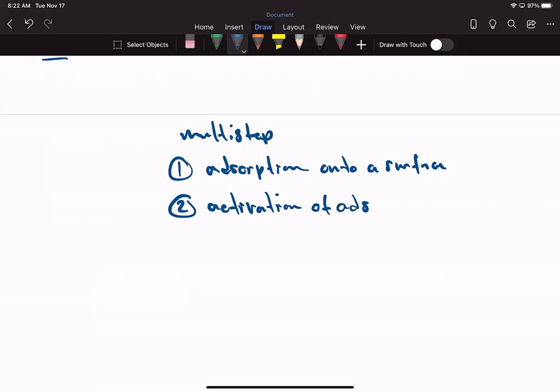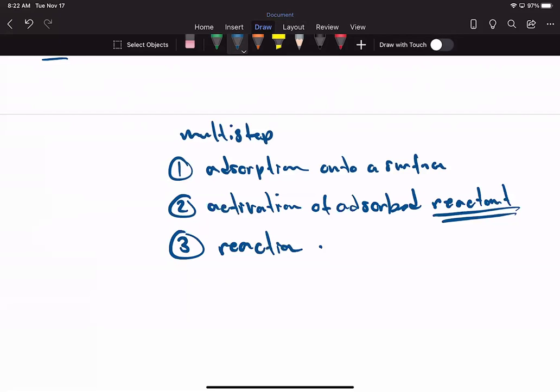And not absorbed, but adsorbed. Step 3 is the reaction of the adsorbed reactant.